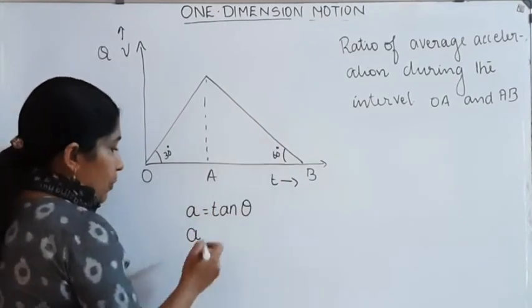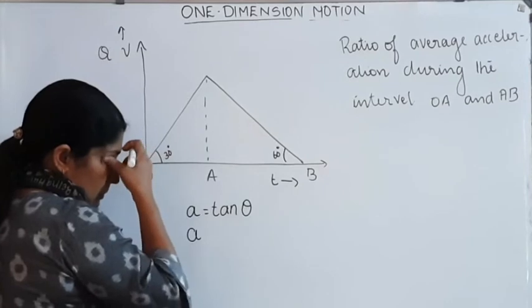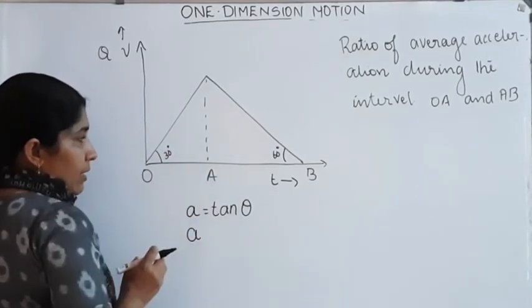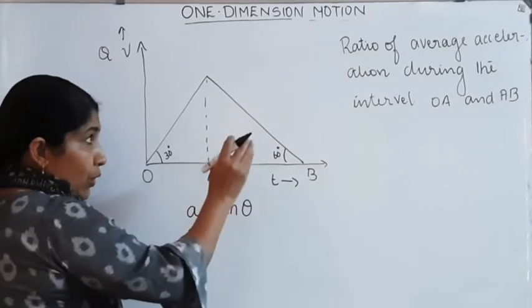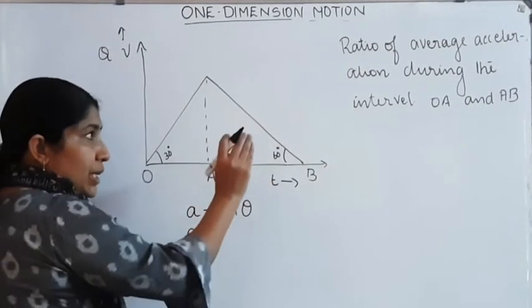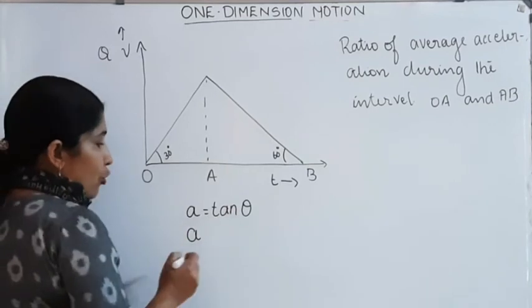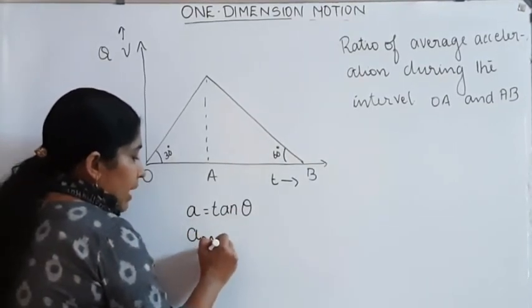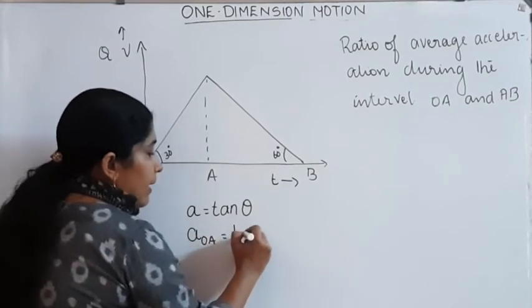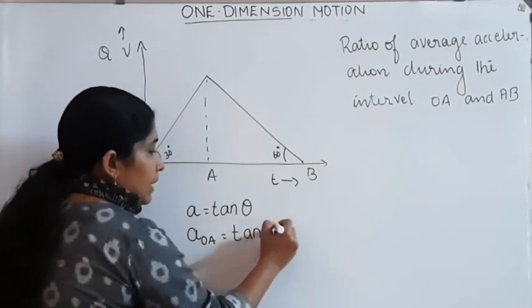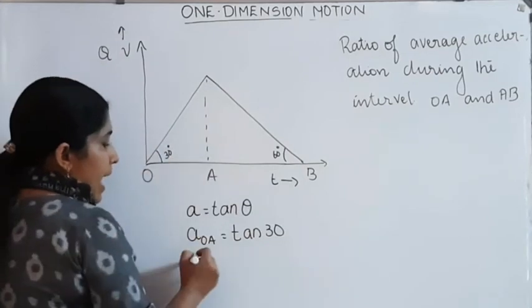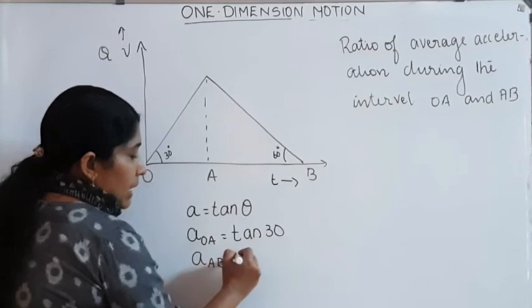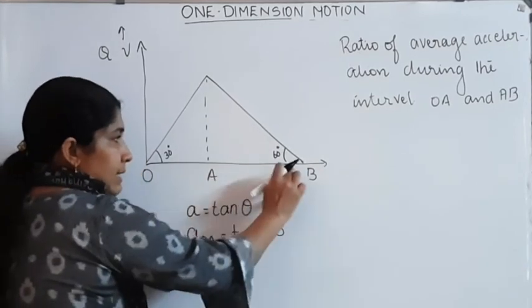Okay, we want to find out the ratio of average acceleration during the interval OA and AB. Therefore, acceleration at the interval OA is equal to tan 30. 30 is the angle here. And what about the acceleration at the interval AB? That's equal to tan 60, as 60 is the angle.